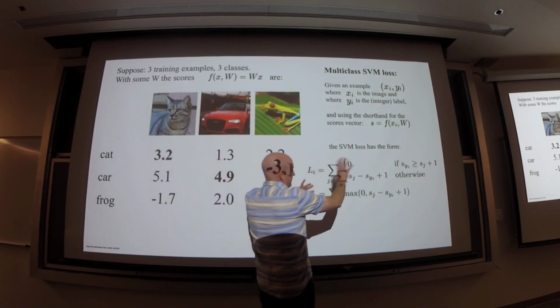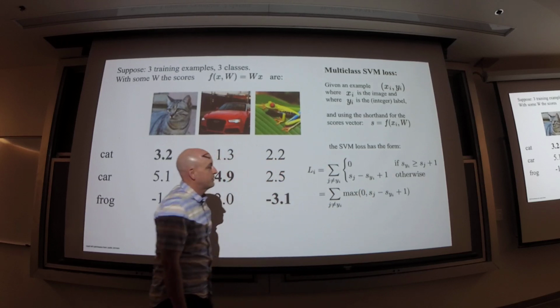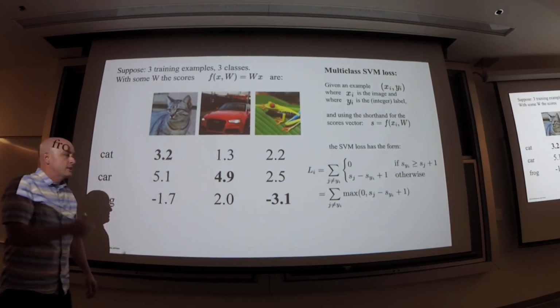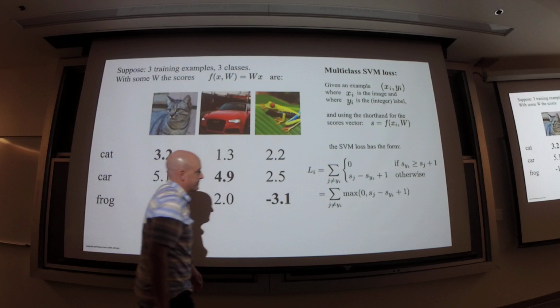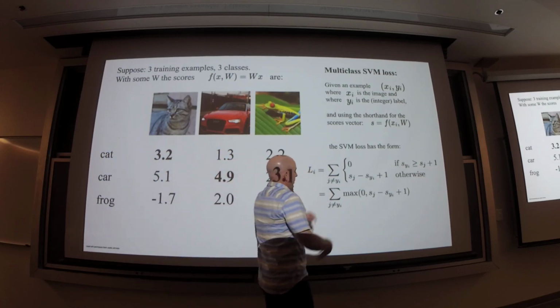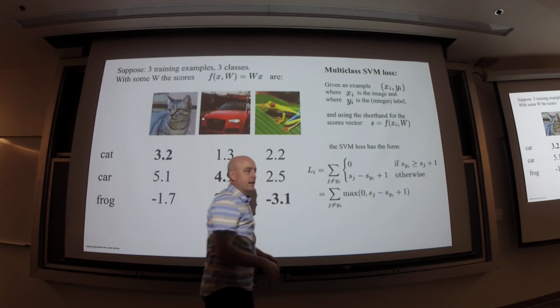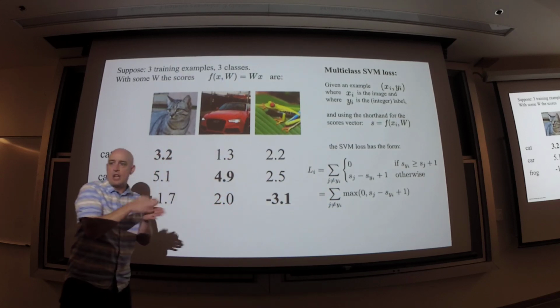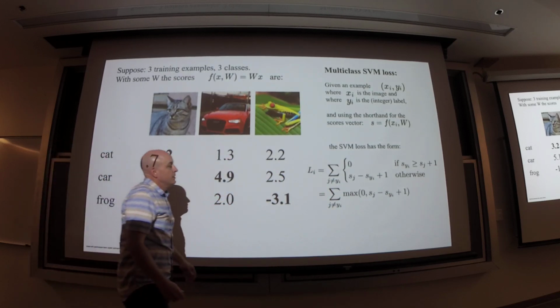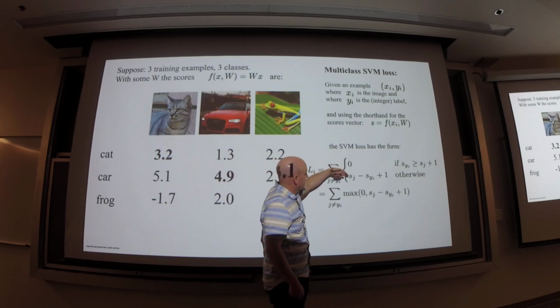And then we have all this other mathematical stuff going on here. Let's look at this for a second. What this is saying is the following. We're going to sum up, ranging over all of the incorrect classes. So this j not equal to yi is saying for all of the classes not the correct class, we are going to do the following.